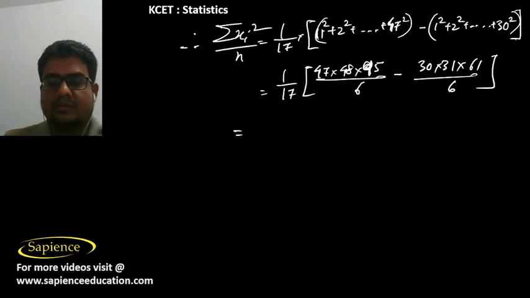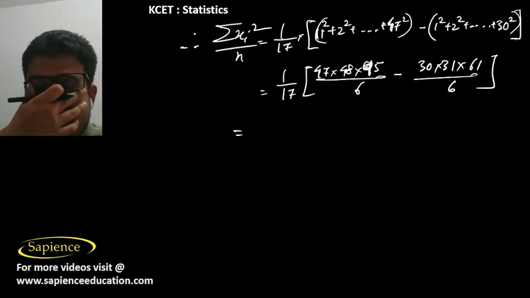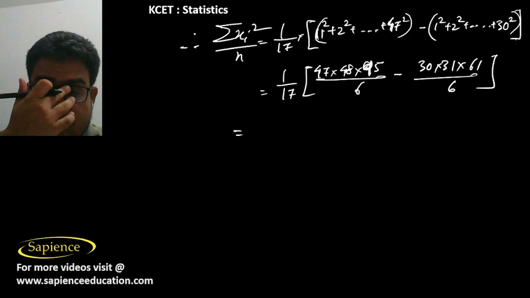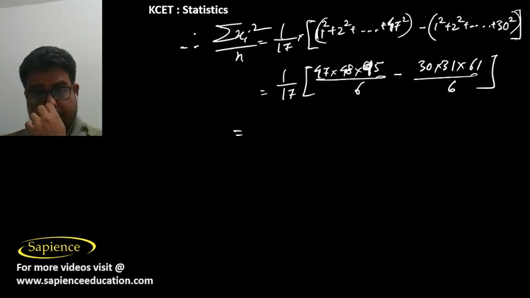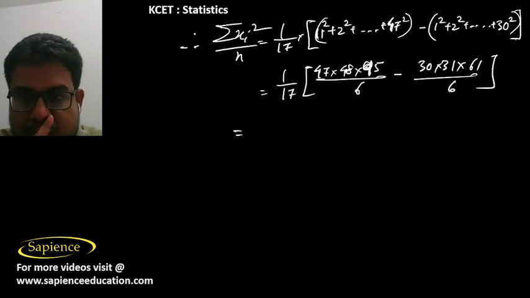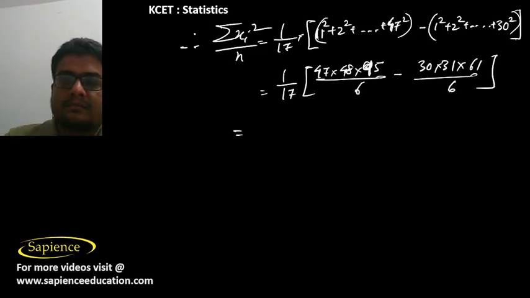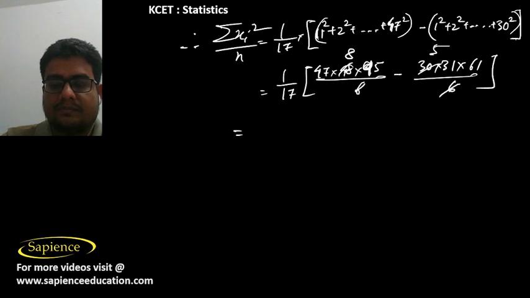This will be equal to 6 8s are 48, 6 5s are 30.